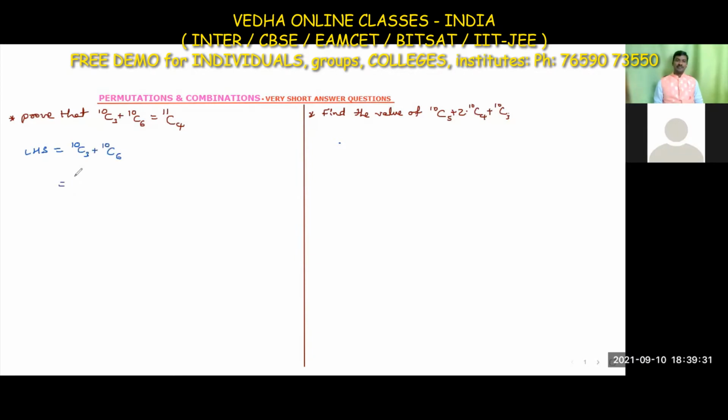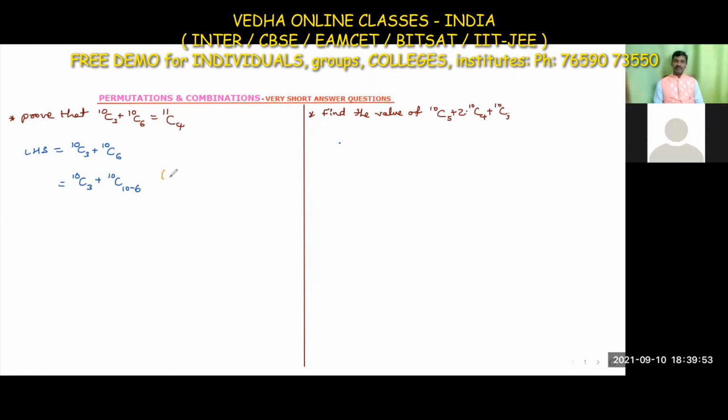Okay, so now this is equal to 10C3, writing as it is, plus 10C6. In place of 6, I am writing 10 minus 6. How are we getting this?